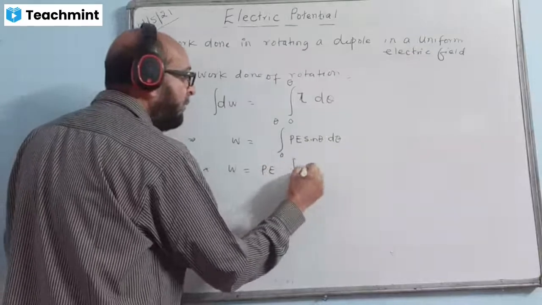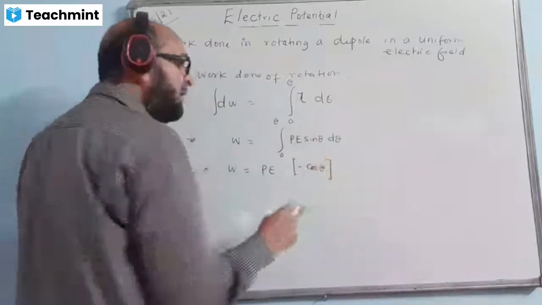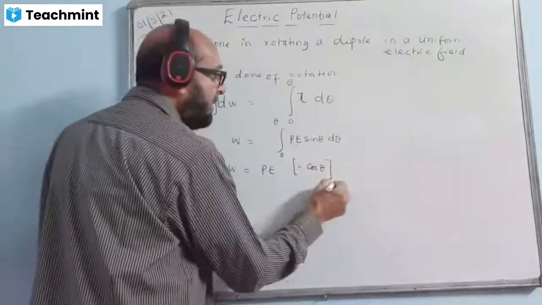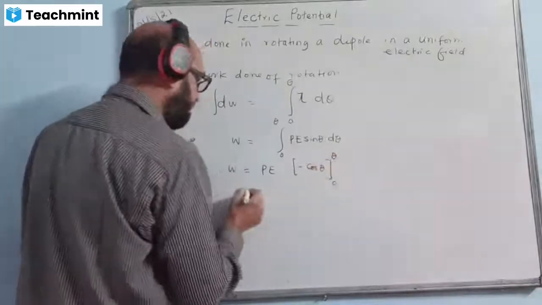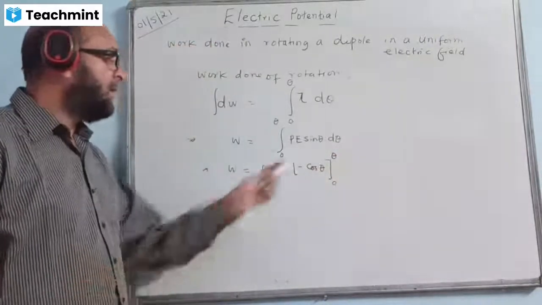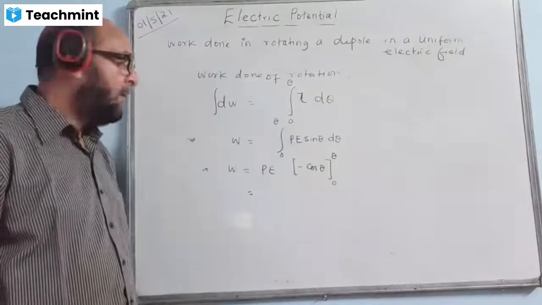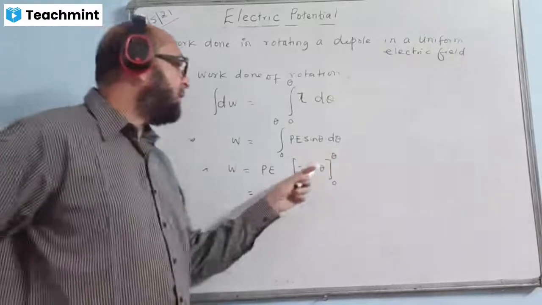Integration of sin theta, if you know the formula, is good. Otherwise, the integration of sin x dx is minus cos, with limits 0 and theta. Integration of sin theta d theta becomes cos theta with the minus sign. Now this is called the upper limit, this is called the lower limit.